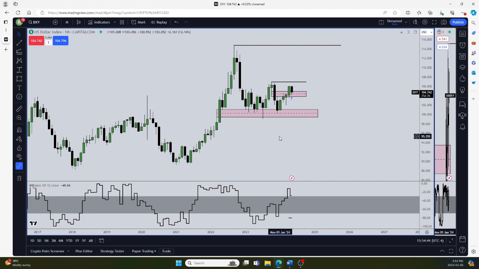Looking at this dollar index monthly chart, we have a pretty big consolidation, right? And when price begins to expand, I think we're going to be expanding higher, in agreement with ICT, towards this buy side liquidity pool here and this one residing right here. Price came down into this fair value gap, took out some sell side, and moved back into the range.